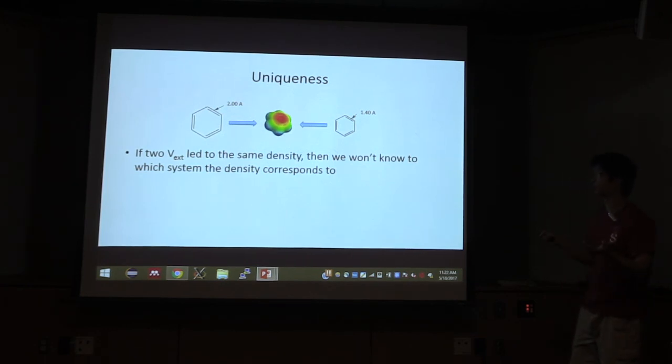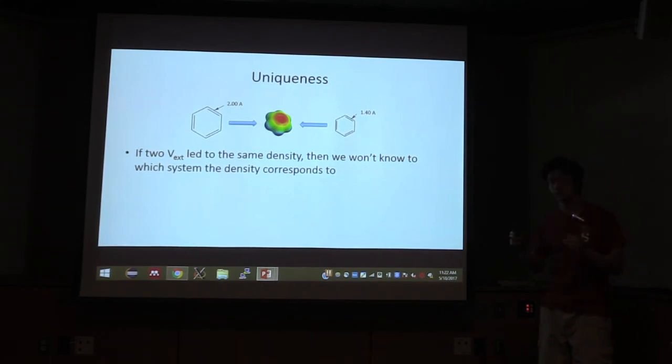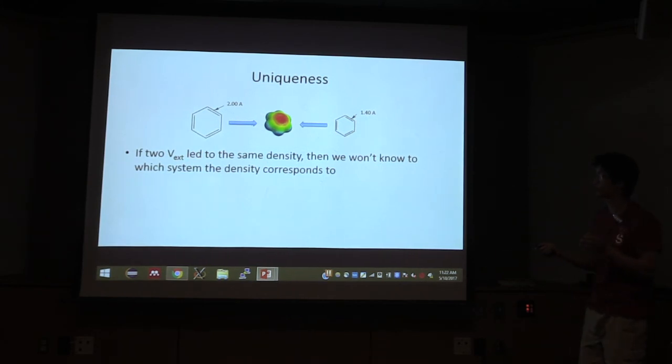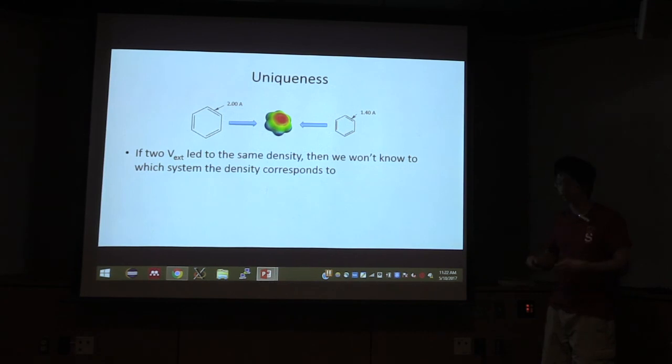You can reason this out fairly simply. If you had two external potentials, and you can also think of it as two separate molecular systems, that led to the same density, then given that density we wouldn't know which system the density corresponded to. So this line of thinking would be useless.